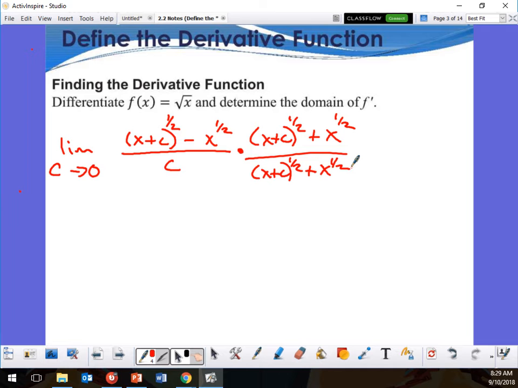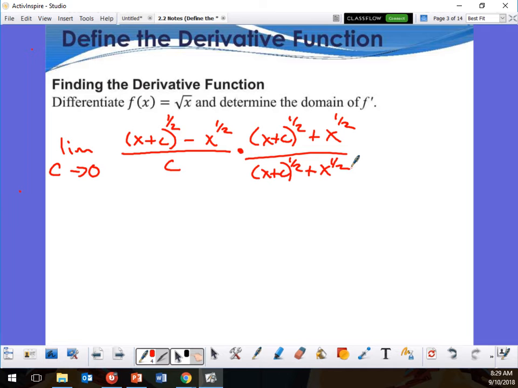So when I FOIL all this up here, x to the 1/2 times x to the 1/2 is going to give me x to the 1, right? So it's going to do some canceling for me, and that's what I need to do. Because I have a radical there, I have to try and get rid of the radical.